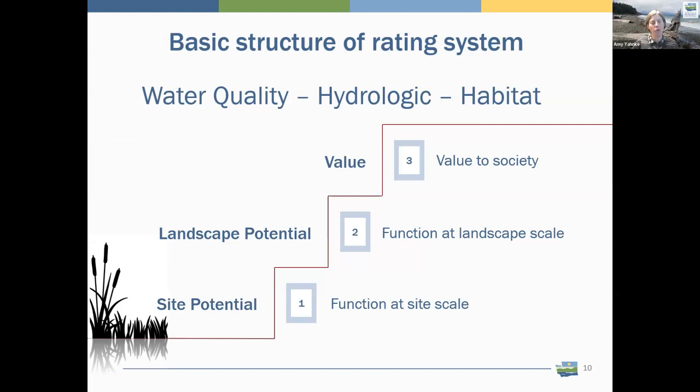This is in response to a greater understanding from the more recent science of the influence of the surrounding landscape on a given habitat patch, like a wetland. And value is the value each function may have for society. So we're looking at the probability the function is performed, rating indicators present on site and in the surrounding landscape. We rate the value to society because our state laws say that we must protect functions and values of wetlands. So we included that piece in the rating.